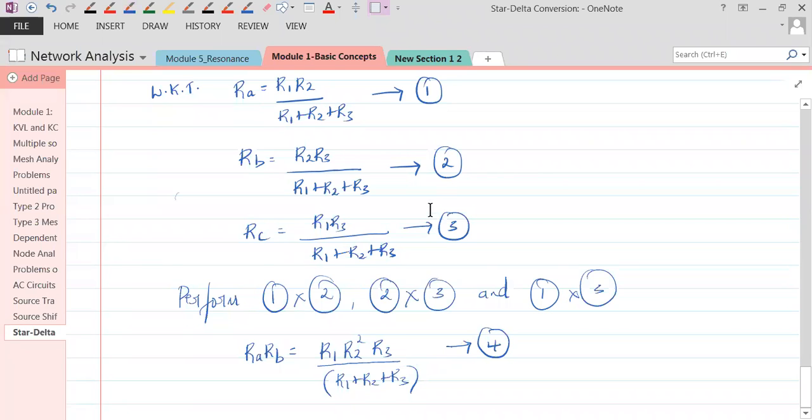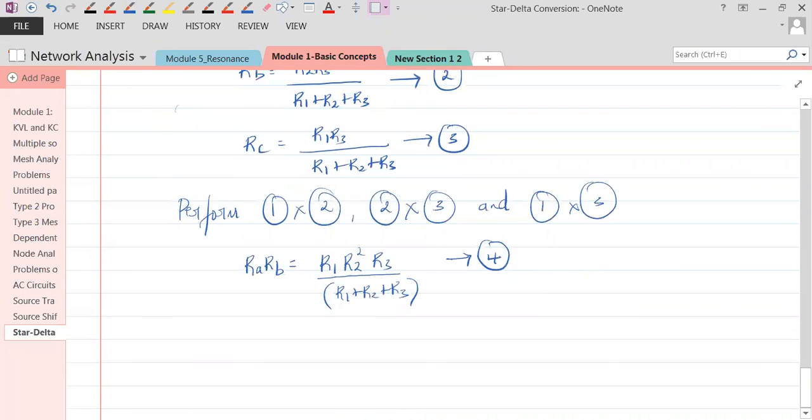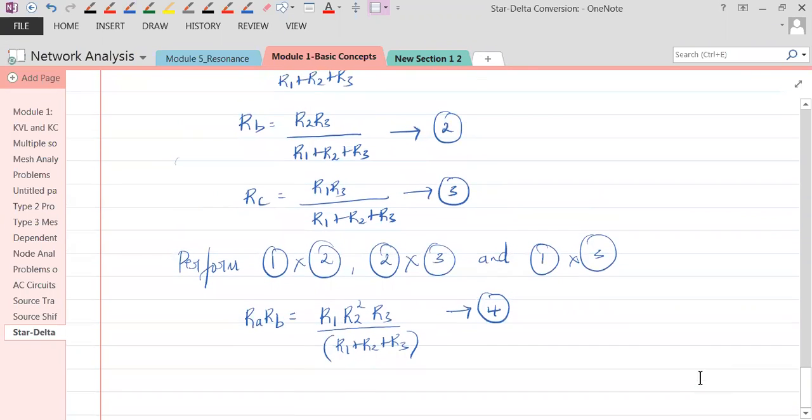Similarly, 2 into 3. What would 2 into 3 give you? RB into RC would give you R1, R2, R3 square. In the denominator, there should be square.